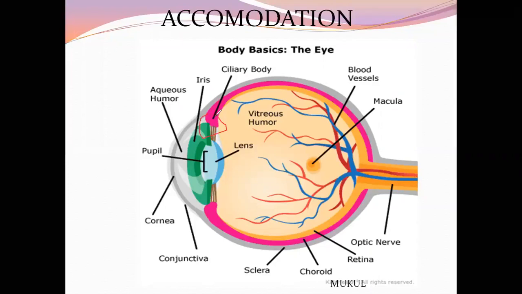When the object is placed at the least distance of distinct vision, these ciliary muscles are relaxed, due to which it will change the size and curvature of the eye lens so that the focal length of the eye lens changes. As the focal length of the eye lens changes, it will focus the image of the object at various distances on the same retina.